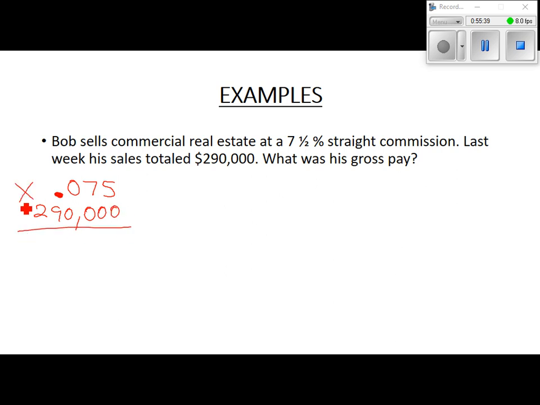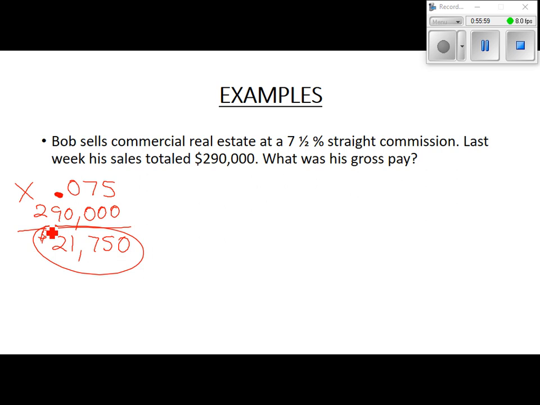Times that by 290,000. 21,750. So how much money did that real estate agent make off of that sale? $21,750. That's for just that one sale.